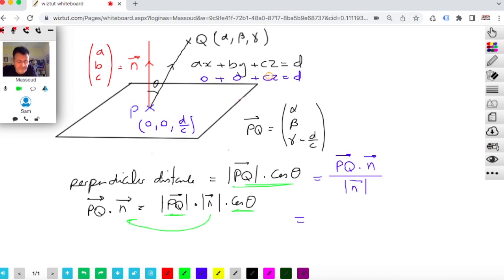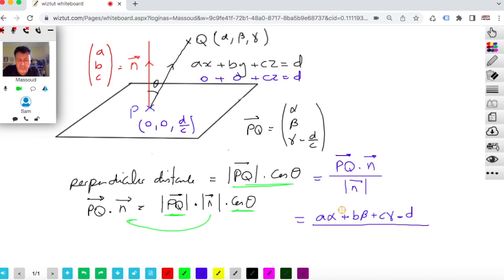It will be alpha times a, so a alpha, plus beta times b, so b beta, and then finally c times gamma, so c gamma, minus c times d over c, which will just give you minus d. So it'll be a alpha plus b beta plus c gamma minus d, and that on the top is our dot product.